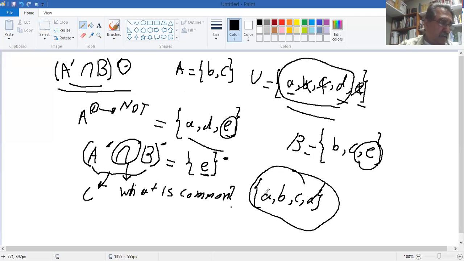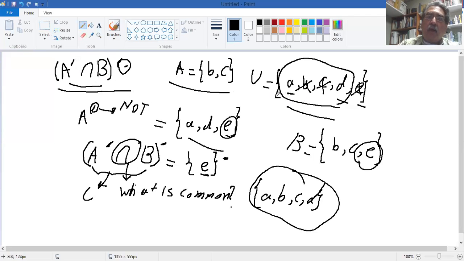That's your answer. Remember, something might look complicated, but start from within the parentheses. First find A naught. This little sign, prime, means not. You look at set A and the universal set.